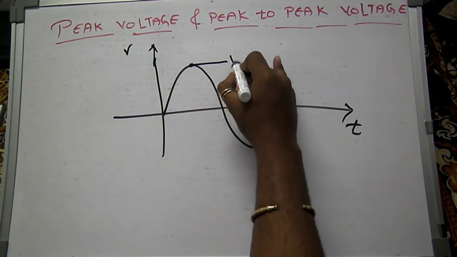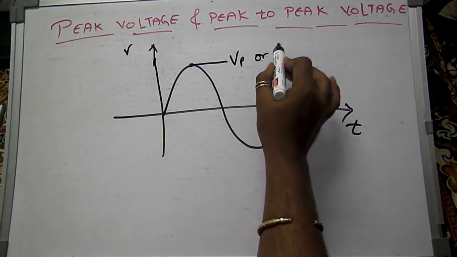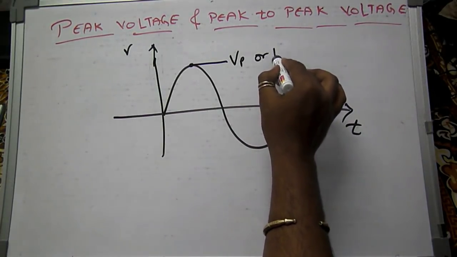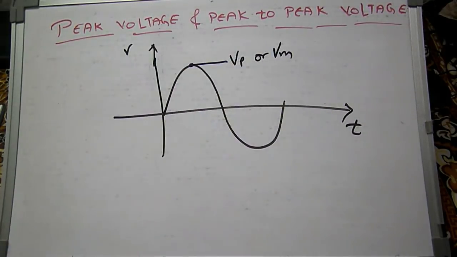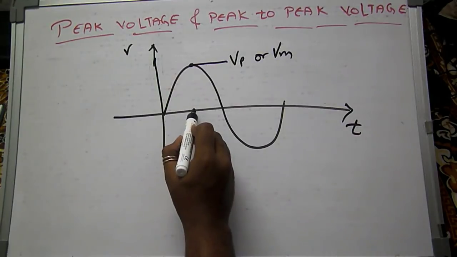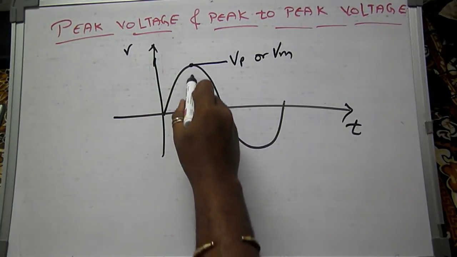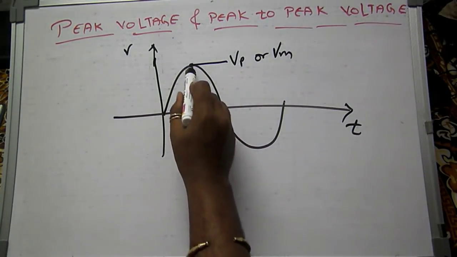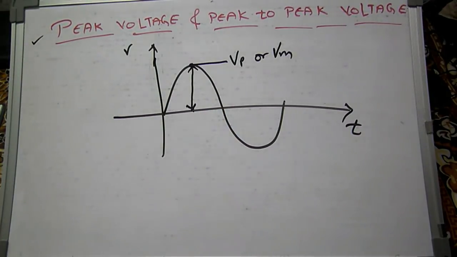It is represented as Vp, or it can also be represented as Vm, that is maximum voltage. Vp is taken from 0 to the maximum point, that is our peak voltage.